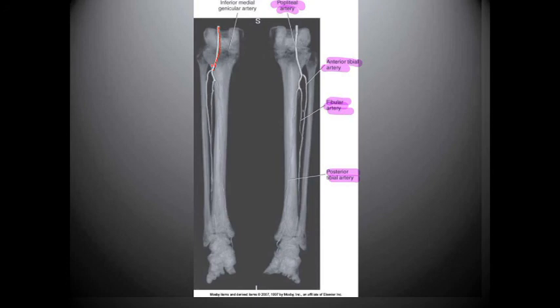Then as we reach the tibia and the fibula, we become the tibial and the fibular artery. Here you can see the tibial artery, and then the fibular artery as well.